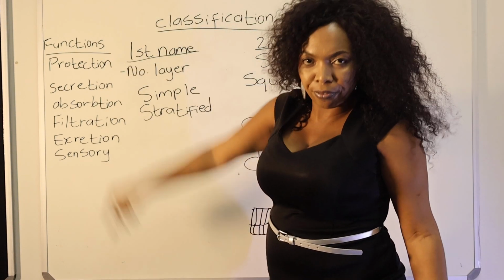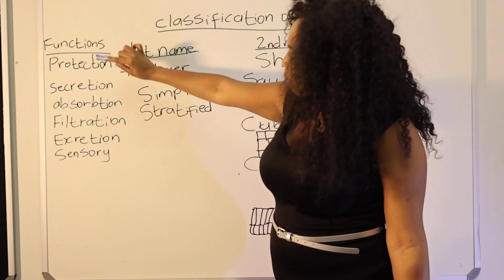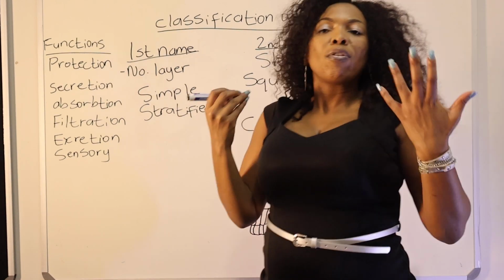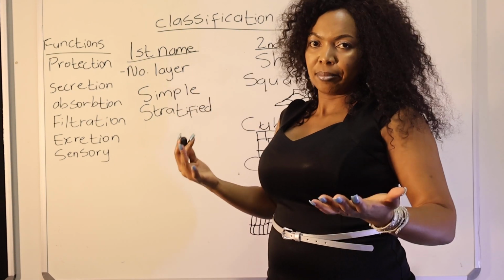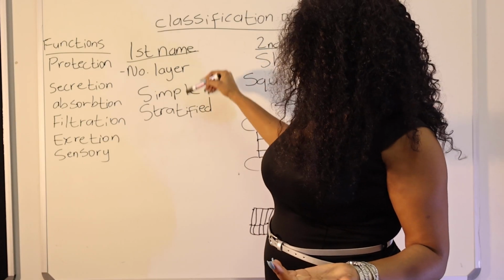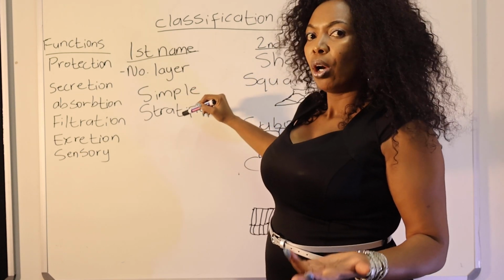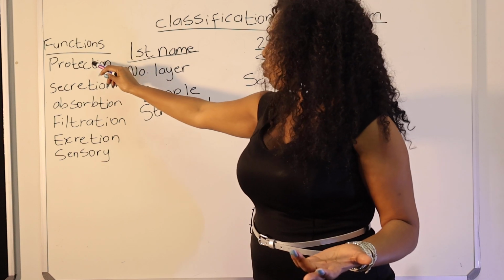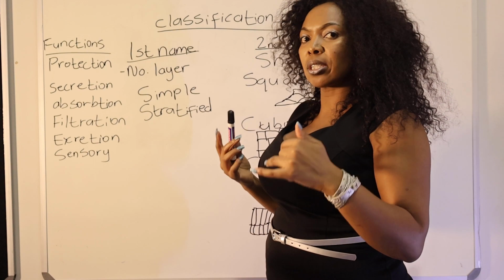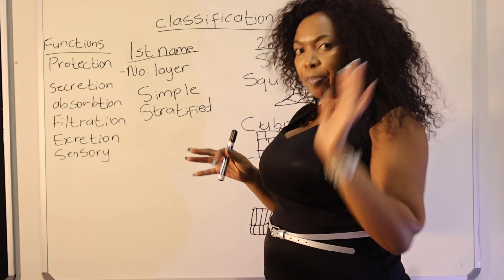So, let's go back to our functions. We said the epithelium helps with protection. What kind of layer do you think will be good, especially between the simple and the stratified? Which one would be good for protection? Because we said it depends on the structure of the epithelium.